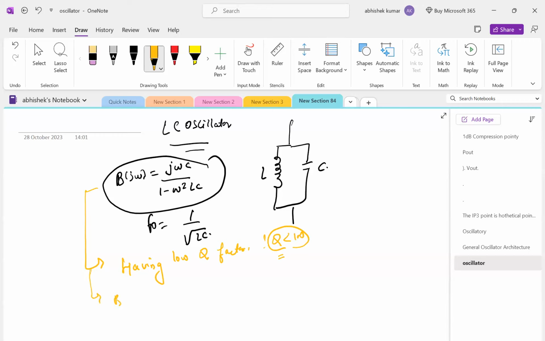Also a disadvantage is that B(j omega) is very much dependent on L and C values, so its stability is very poor. So we need a better resonator or better oscillator. This oscillator is not good because its frequency depends upon L and C, and its stability is also poor. So this is the LC oscillator.